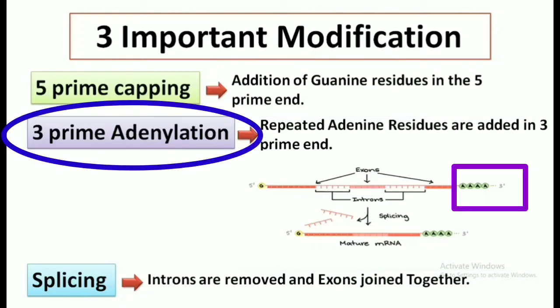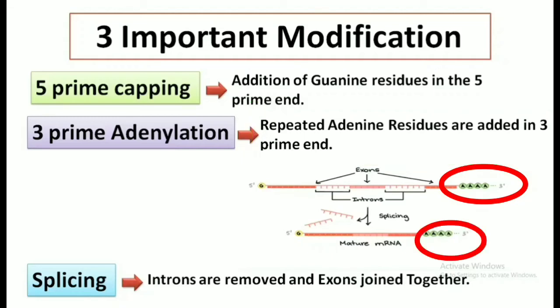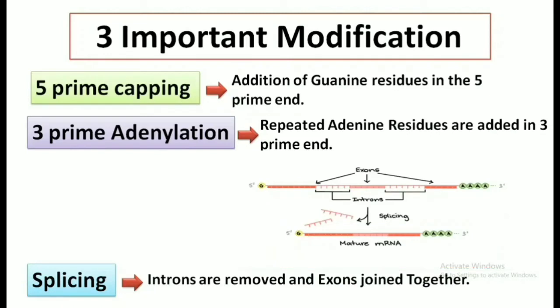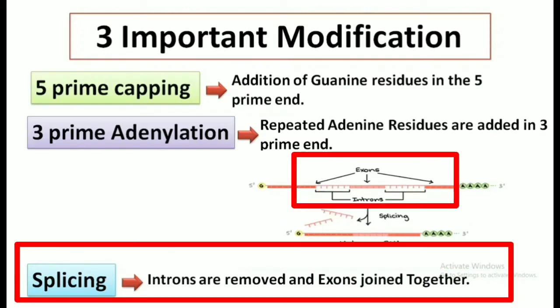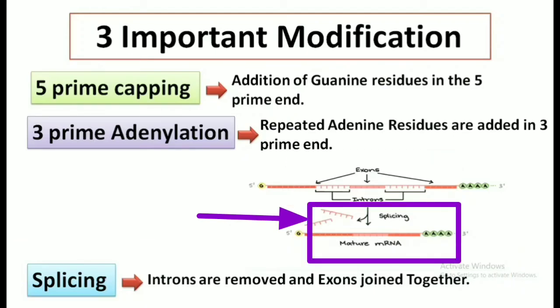Second is the 3' adenylation, where repeated adenine residues are added one after another in the 3' section of the newly made mRNA. And then the splicing is carried out, when the introns are cut out while the exons are joined together. And that is known as the mature mRNA, and that is ready for translation in the cytosol.